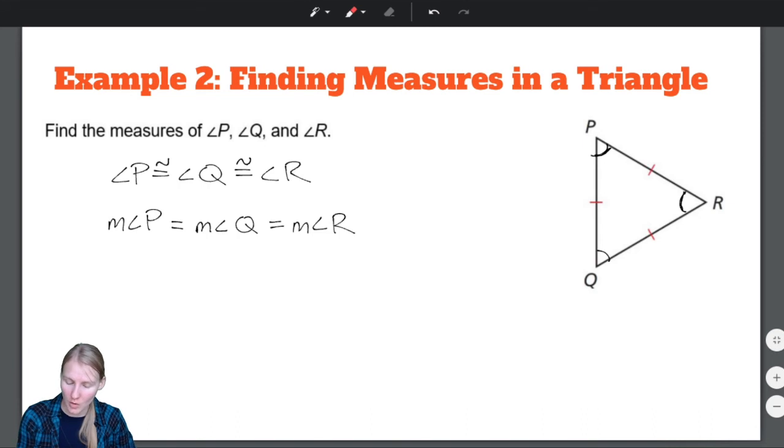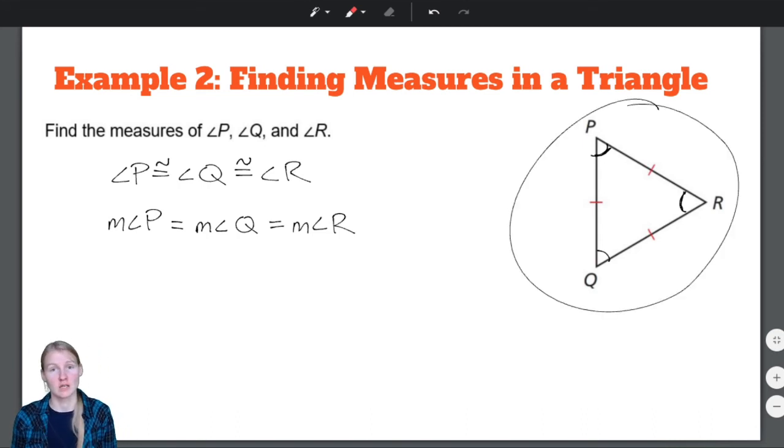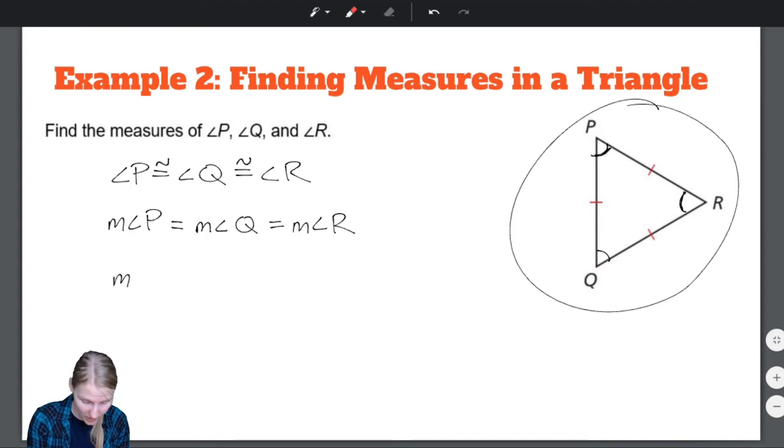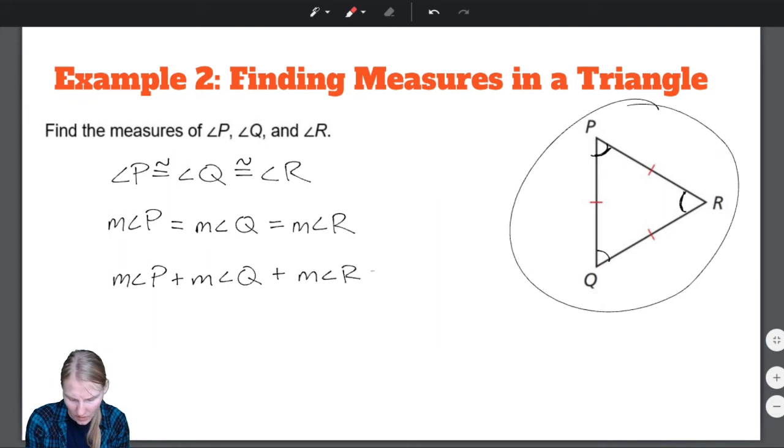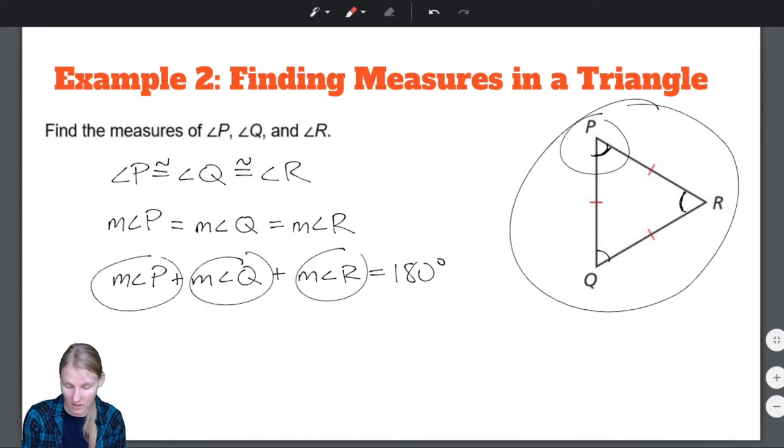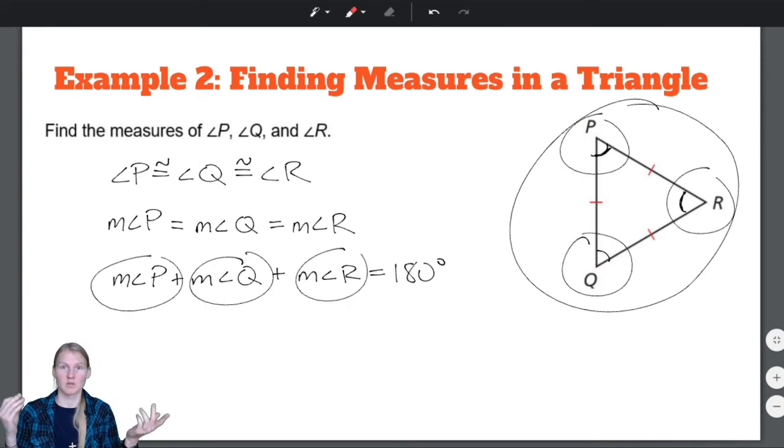Well, we know that all the angles in a triangle add up to 180. So, we know that the measure of angle P plus the measure of angle Q plus the measure of angle R should equal 180, right? The measure of all three angles needs to add up to 180.